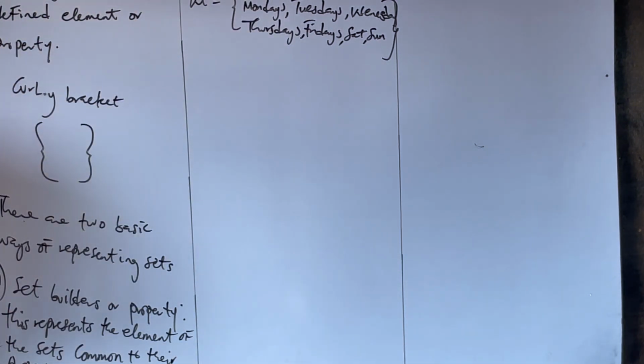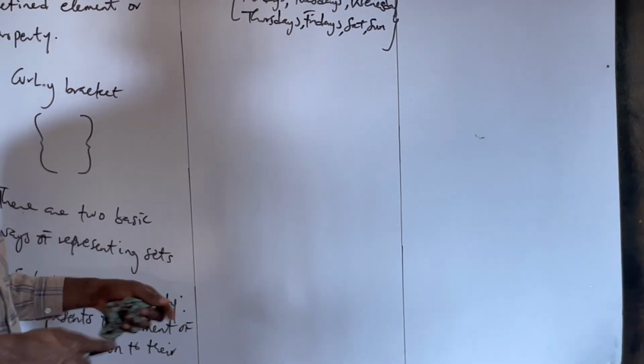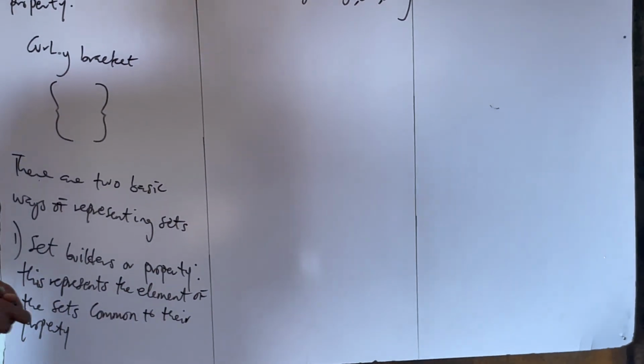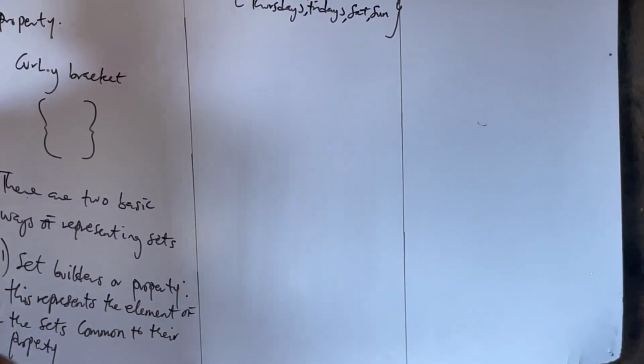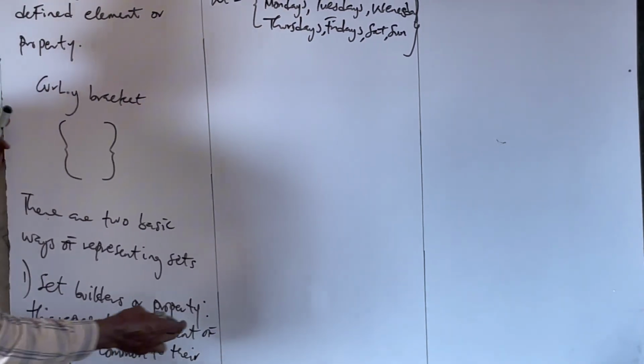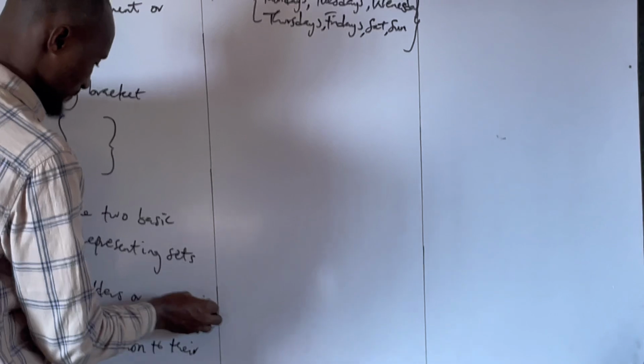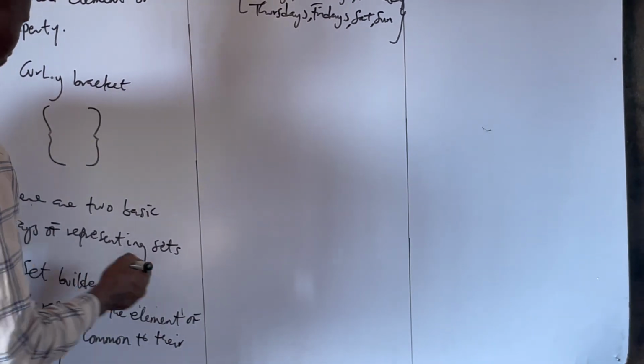This represents the elements of the set common to their property, which is the set builder or property form. I did not complete it here.